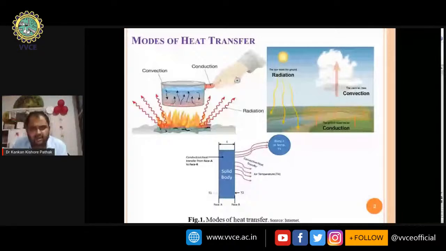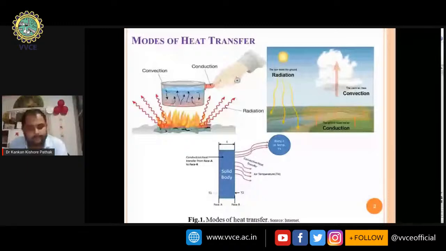This conduction and radiation part I am not discussing today. Today I am discussing only the convection part. In detail, I will study convection from the next slide, and after that I will discuss the various extended surface behavior through convection.